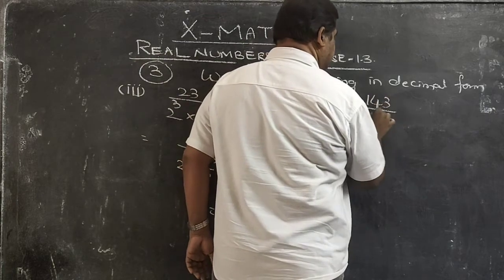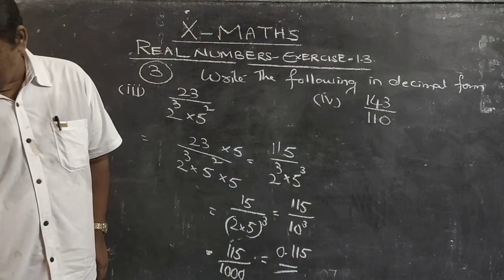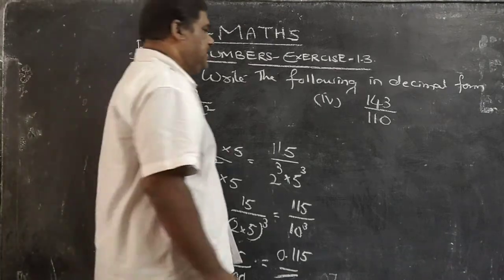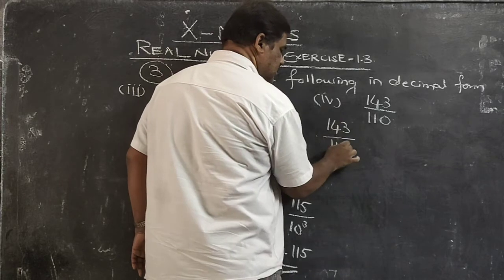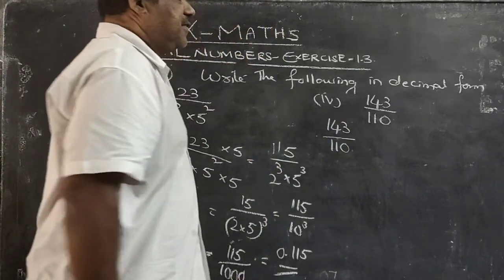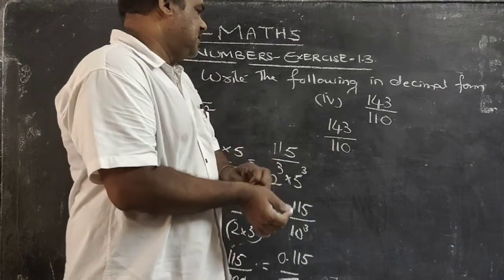Now the fourth one, 143 by 110. Here in this fraction, if cancellation is possible, we have to cancel it.